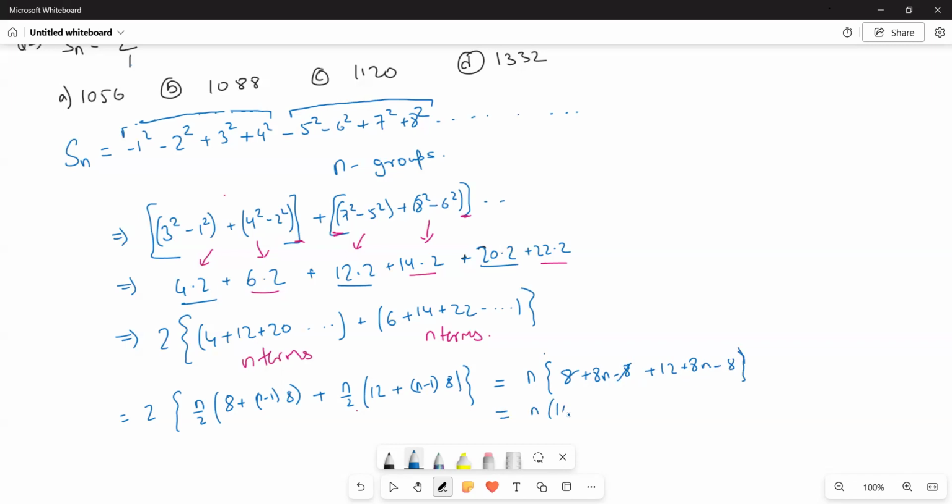So n times (16n plus 4), which is like 4n into (4n plus 1).